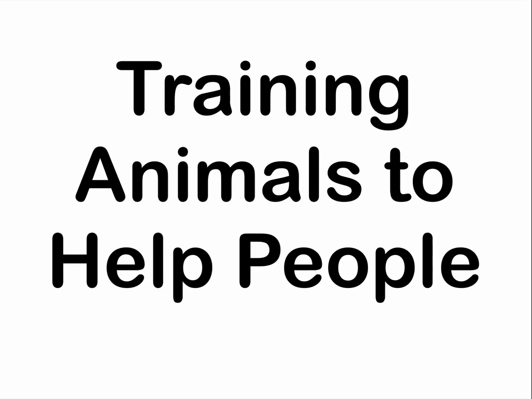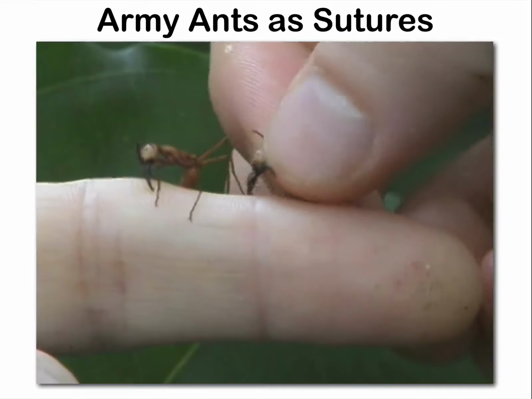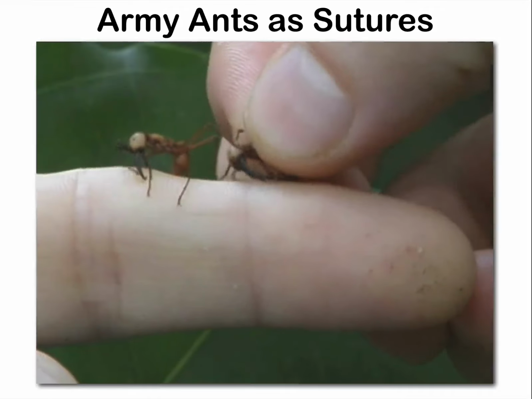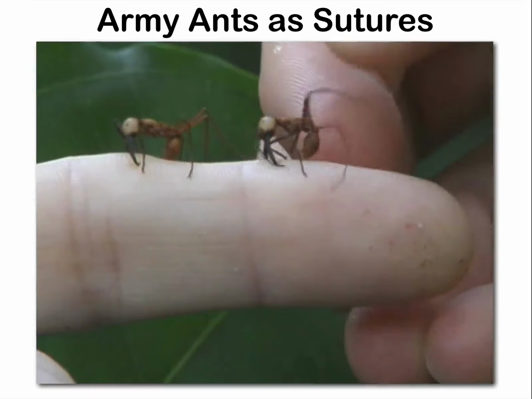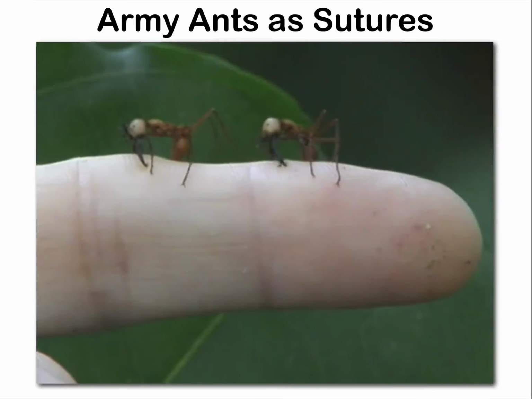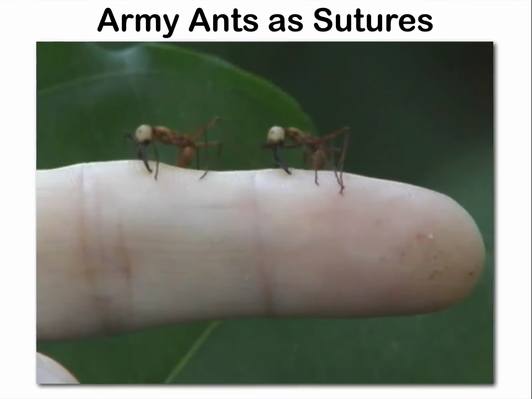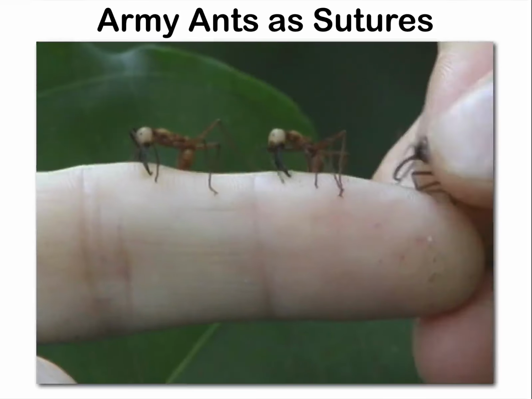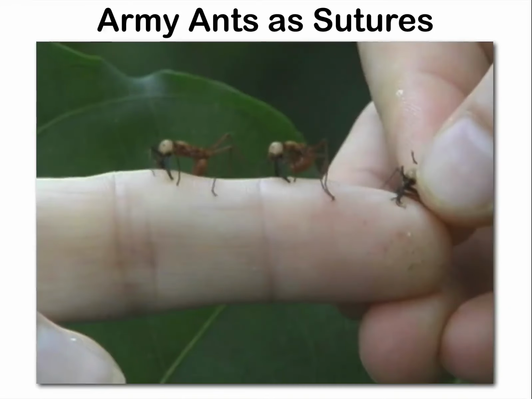Now, animals have also been trained to actually help people in various ways. The biggest workers or soldiers were the first surgical staples. Thousands of years ago, Native Americans in Central and South America discovered that these giant jaws could be used to close a severe wound. The ants readily bite wherever they are placed. The bite hurts like pinpricks. It is the sting on the other end of the body, injecting venom, that is painful.